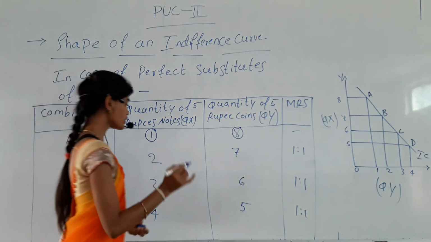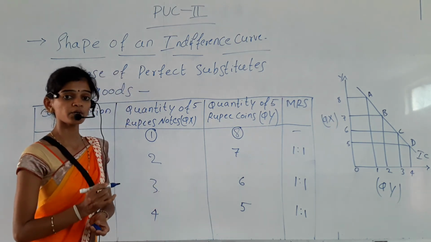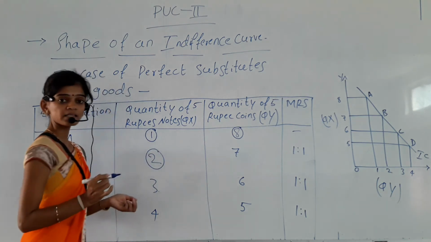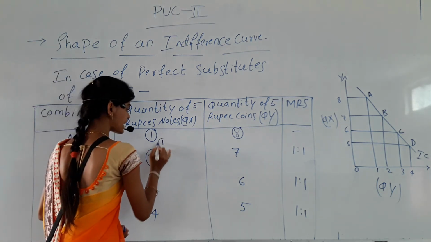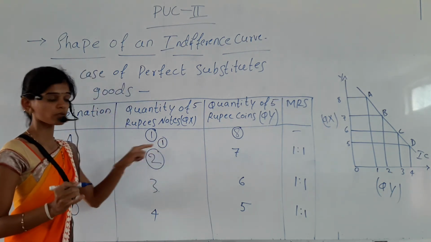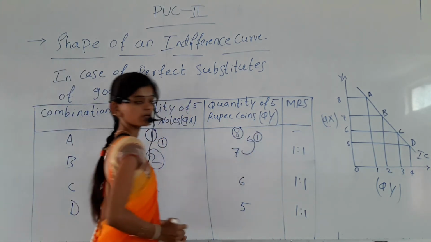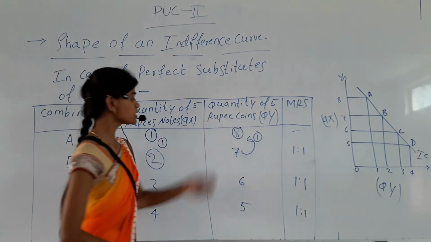Next, he wants to consume another 5 rupee note, adding 1 extra 5 rupee note. So here he has to forgo 1 5 rupee coin.